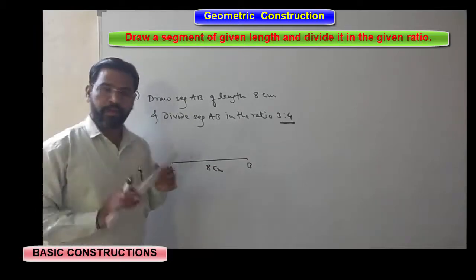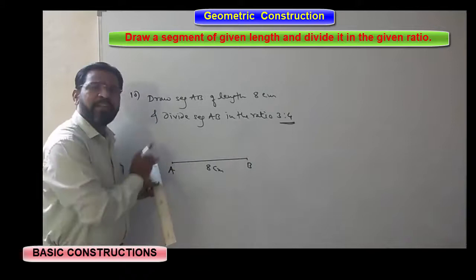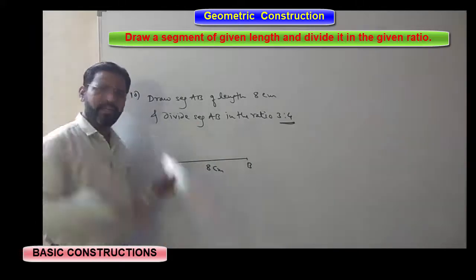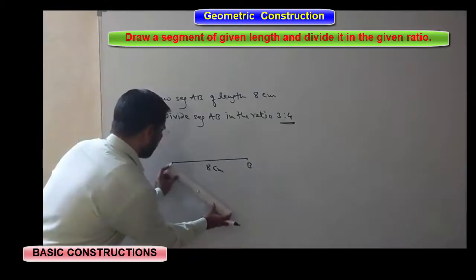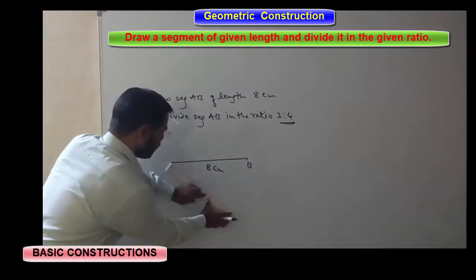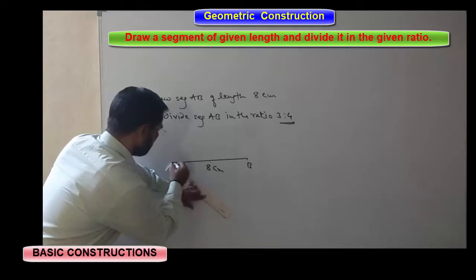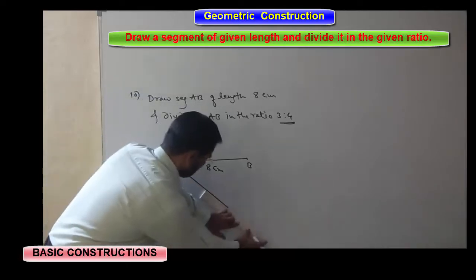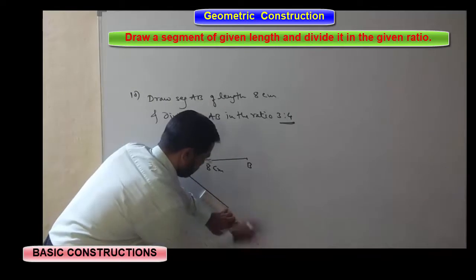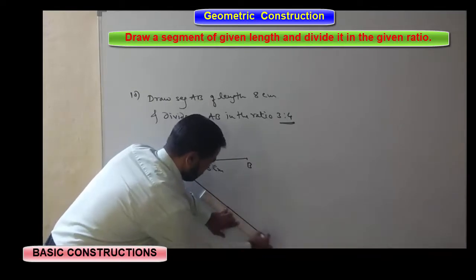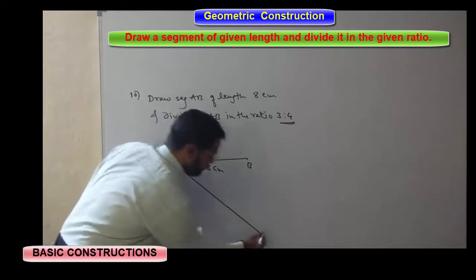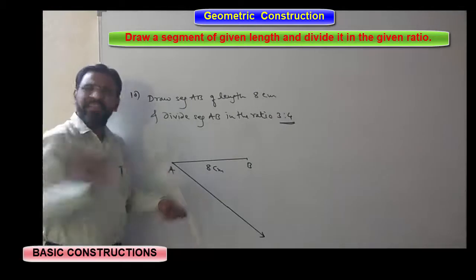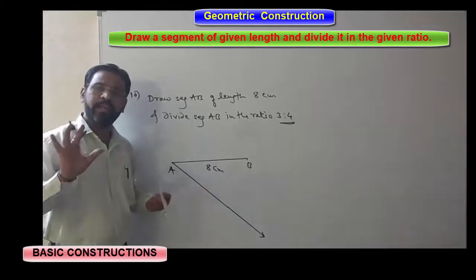Look friends, I am going to draw just one ray from A here without taking any particular angle. Just try to draw one ray from this particular point. This is how much distance or angle, that doesn't matter. You can take any distance, any measure.